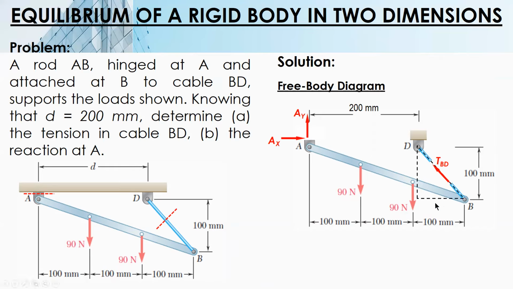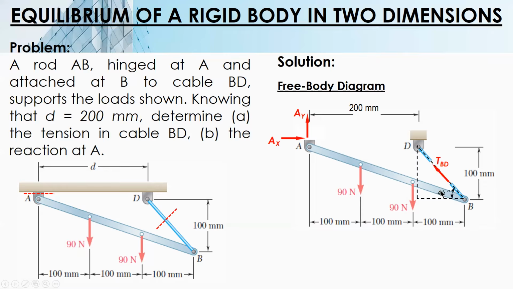Now, based on the triangle, this is 100 and this is 100 also. Take note, d is 200. So it coincides: 200 and 200, so 100 here. 100.